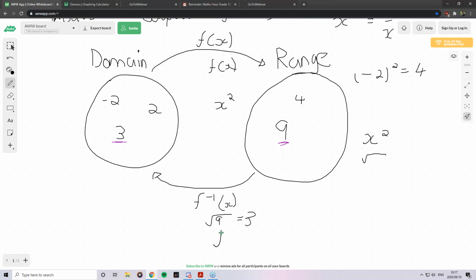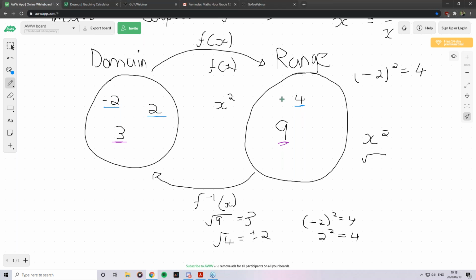The square root of 4 is equal to plus or minus 2. This is important because minus 2 squared is equal to 4, and 2 squared is equal to 4. So we say minus 2 and 2 belong to this one element here. If we take the inverse of 4, we get minus 2 and 2.